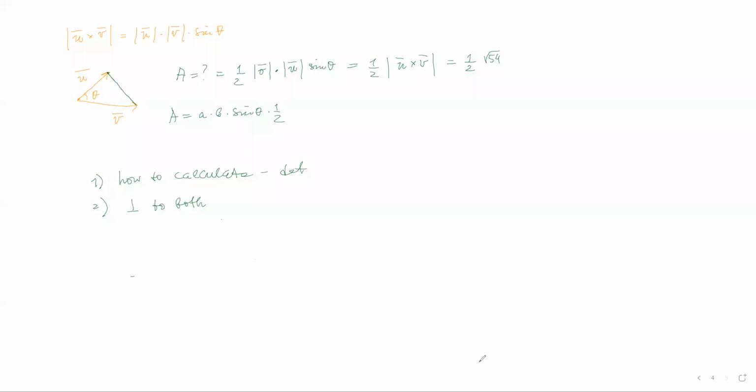So all other formulas you can forget. And number 3, switch vectors, change the sign. Okay, if you do remember these 3 facts, I think it's going to be enough for the nearest future. And for the further future, you are going to eventually learn a better way to find it.